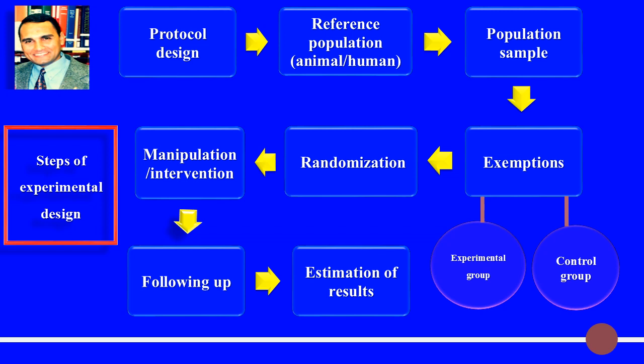By writing the protocol, design, reference population, either animal or human, we will make our experiment, then take a population sample and assumption by making 2 groups, an experimental one and a control group, then randomization and manipulation of intervention, following up the experiment, and then the last step is estimation of the result to show what we studied.